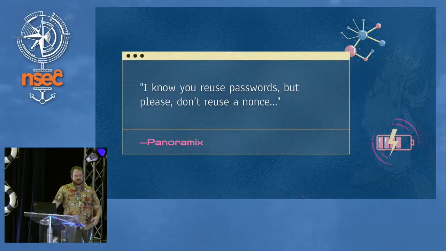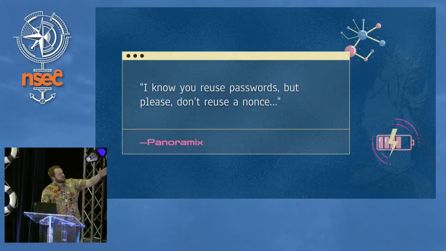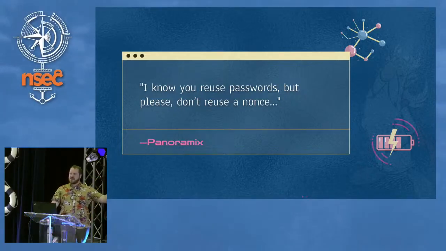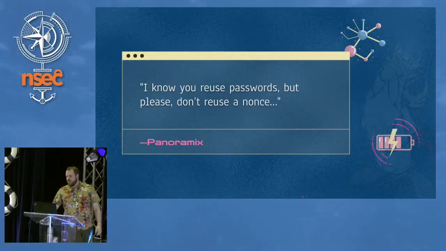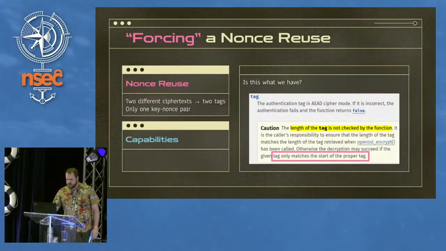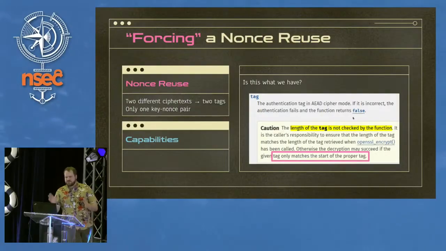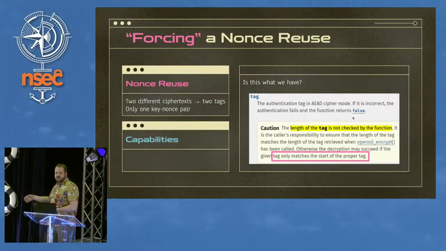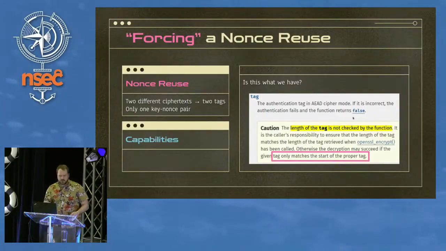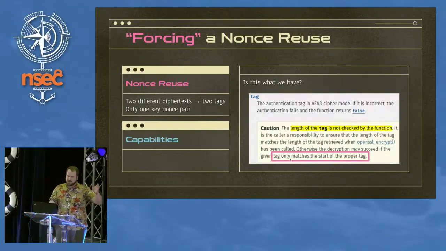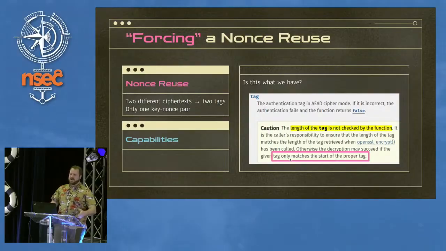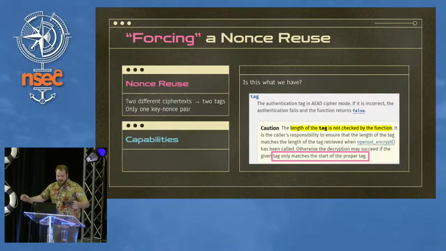Okay. So Panoramix once said, I know you reuse passwords, but please don't reuse nonces. What does that mean? What did he mean by this wise knowledge? Have you noticed in what I showed earlier, maybe you have not, but basically the tag length could be 1 byte, could be 2, could be 3, right? So it only matches the start of the proper tag being the complete tag.